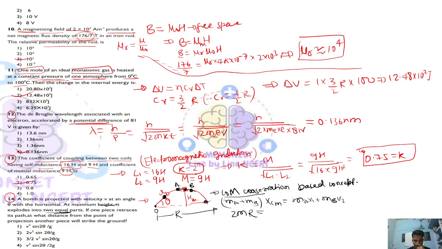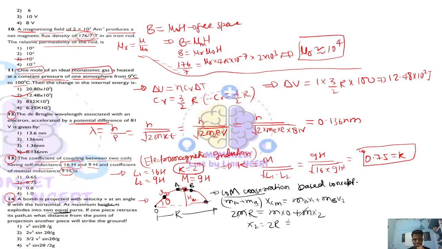Simply, ma is m, x1 will be 0, the mass will be the same, m second will be m, and its value we need to find out. Let's suppose its value is x2. So when you calculate it out, x2 will become 2 times R.